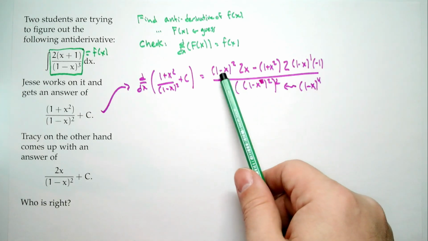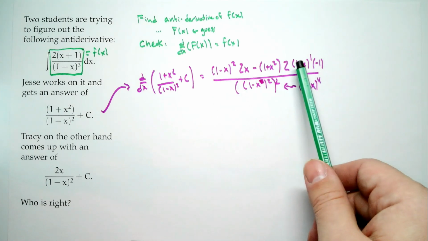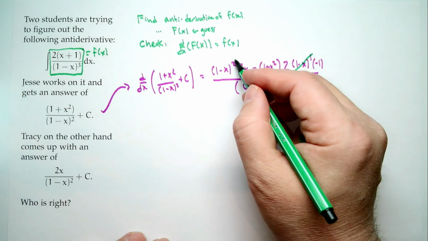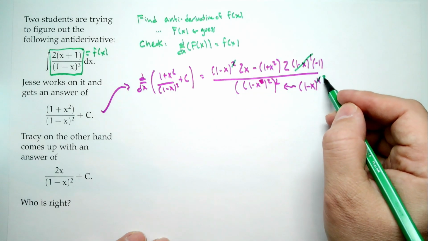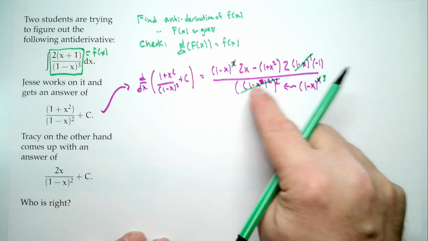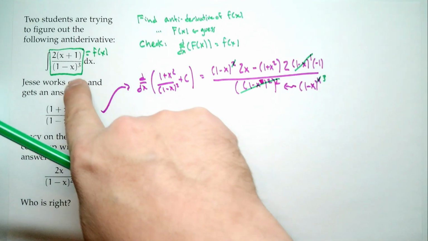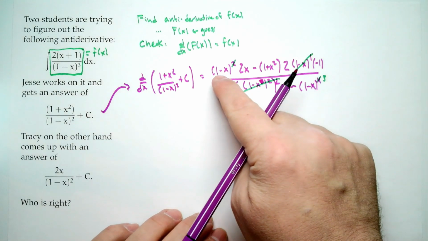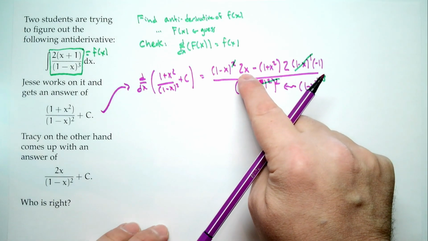What do you notice about all 3 of these terms? They all have 1 minus x, so I'm going to go ahead and cancel 1 of the 1 minus x's. That'll get this to the 3rd power downstairs. So that's promising, 1 minus x cubed. Let's see, what else do we have? So we have 1 minus x times 2x.